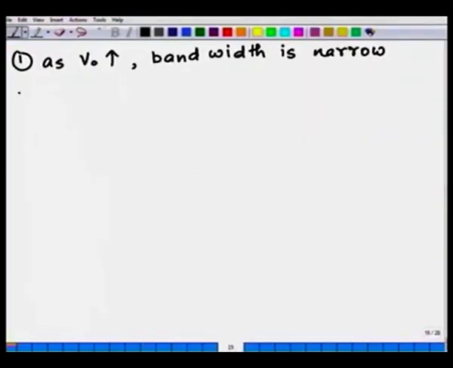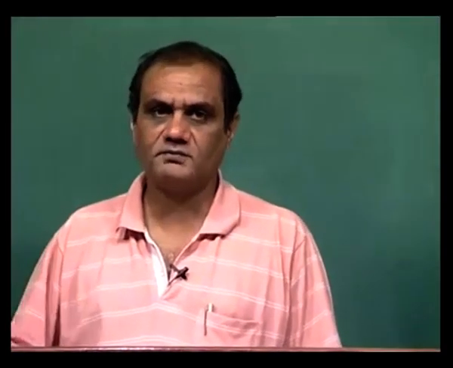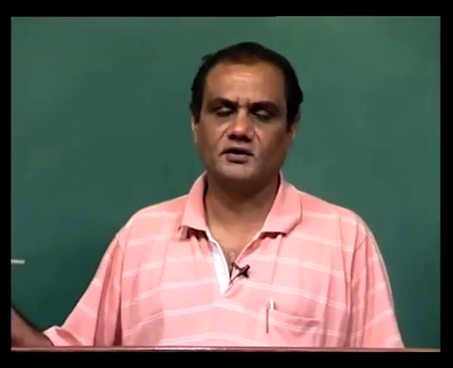Now second, if V0 is equal to 0, what would you notice graphically? V0 equal to 0 means free electron, that means all values of energy are allowed, a continuous band. Now V0 equal to 0 means zeta is tending toward infinity, and since you can notice that as you go higher and higher in zeta, the bandwidth becomes larger and larger, you can sense graphically that as zeta tends to infinity, this bandwidth will also become infinite, that means it will become a continuous allowed set of energies.